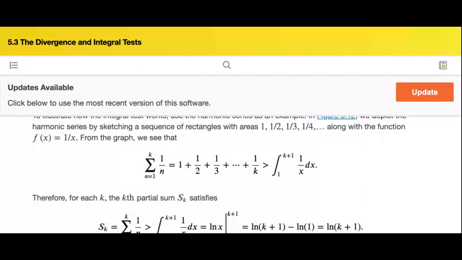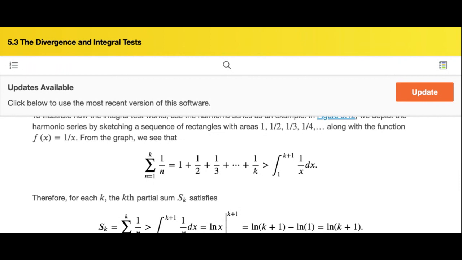So this is our harmonic series, and this is Sk. Sk equals 1 plus 1/2 plus 1/3 up to 1 over k.